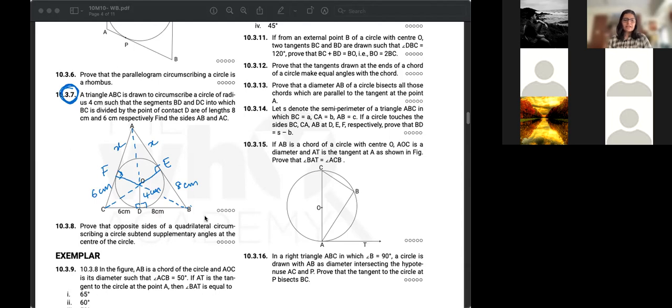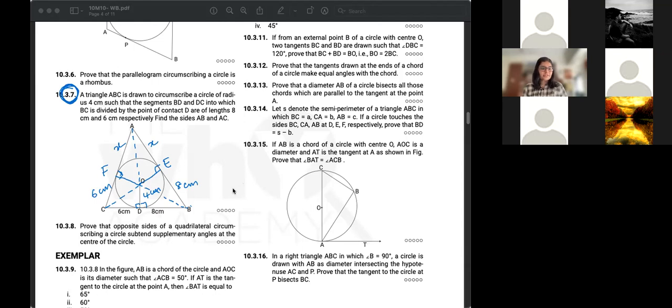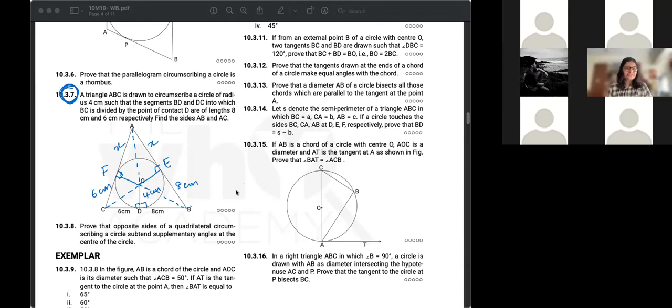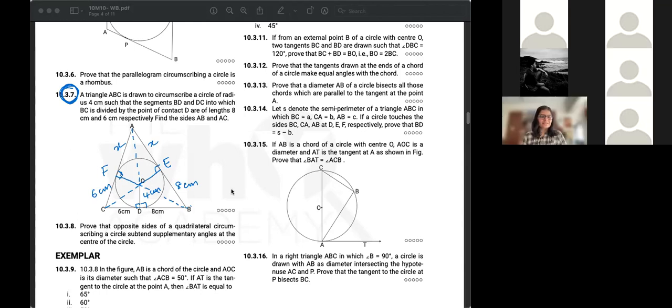Anybody who has cracked it and only has calculation left, raise your hand so that I know how many are already doing it and how many need help. Okay, Anirban has already gotten it. Good. Aditya is doing it. Abhishek Trivedi got it.